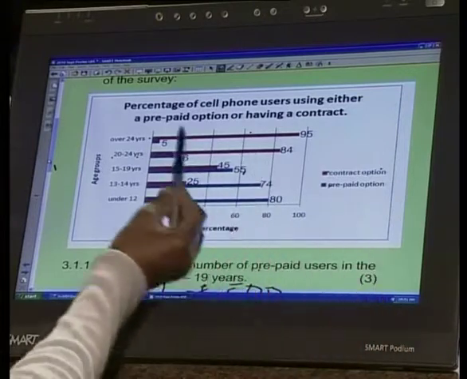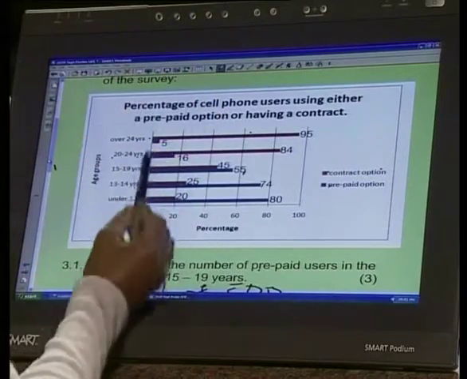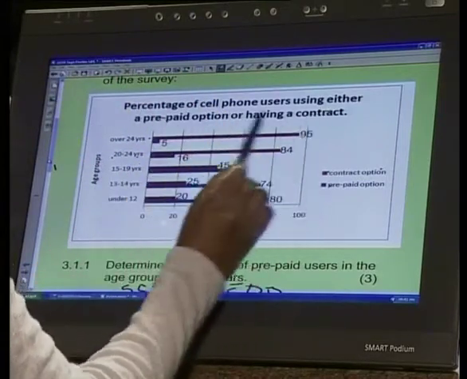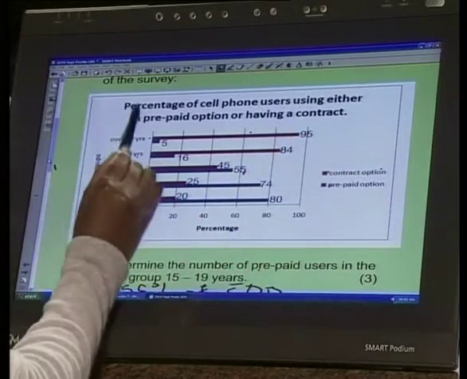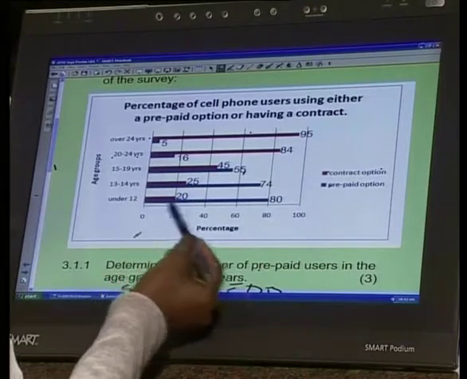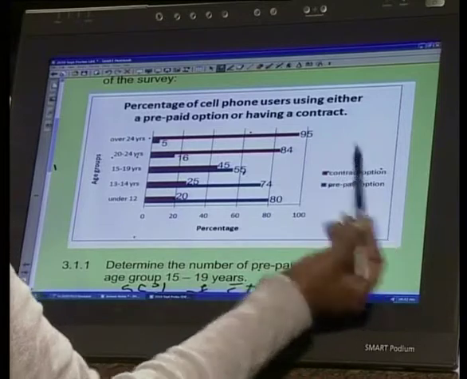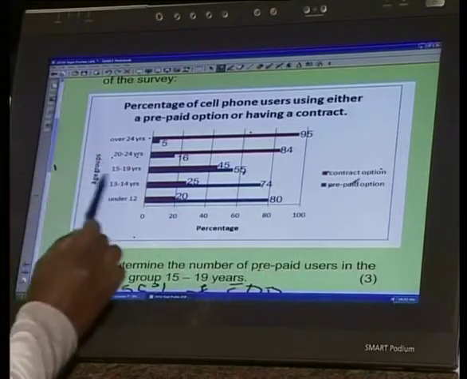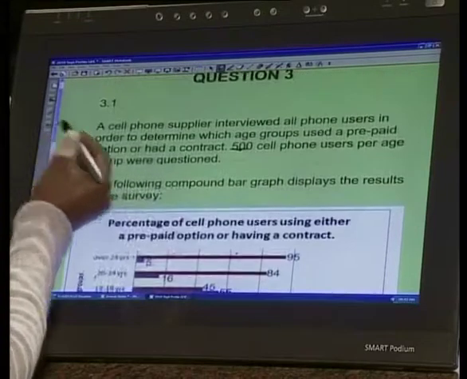Always, even when you are requested to plot a bar graph and you are not being given this, you must always have the topic, you must always have the y-axis and the x-axis. You must always have the key. This is crucial. Now, you must always read the questions very, very carefully.